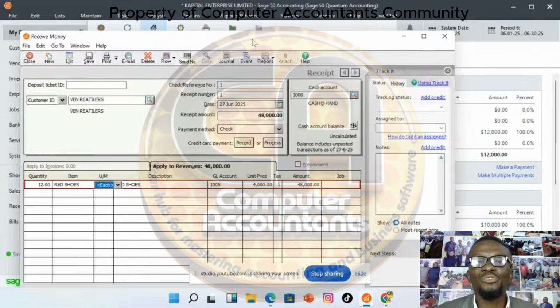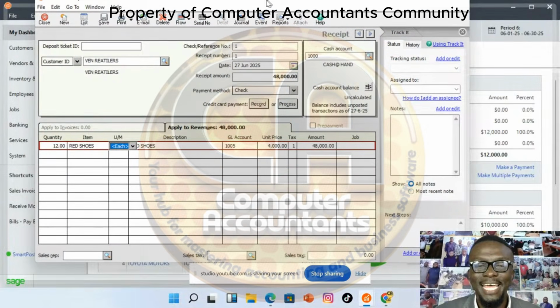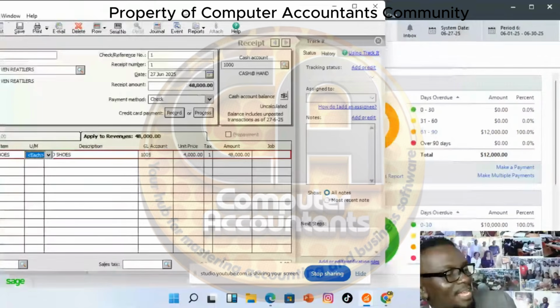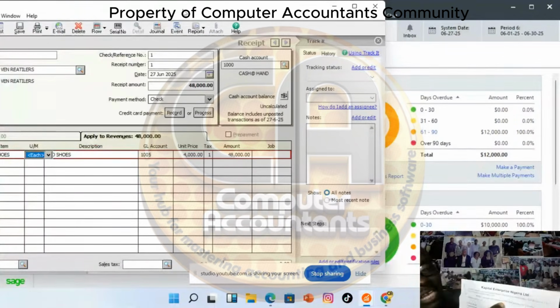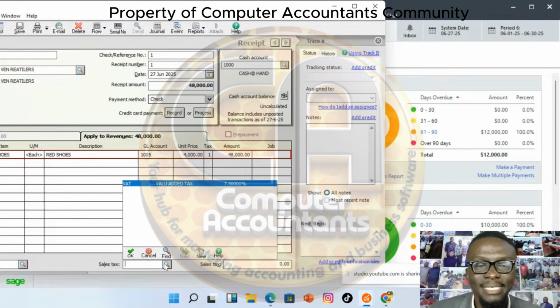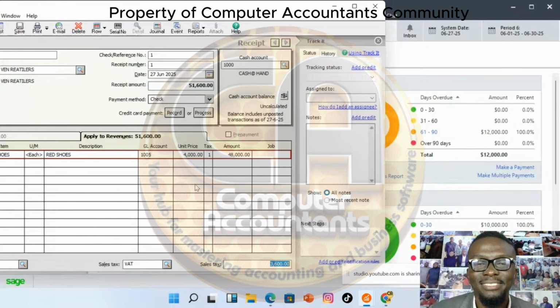Now this is where the game changes, right? Let me push this to one side. The question says every item sold is subject to 7.5% VAT. Now I'll enter my VAT. Let me push this to a corner. Good. You click. Now look at it. Did you see what the system has done?